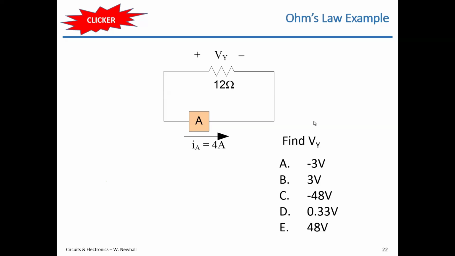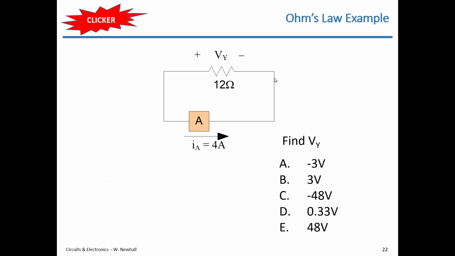All right, so we have current IA defined. 4 amps left to right through circuit element A. So 4 amps comes up and into the left side, or from right to left through the 12 ohm resistor, as defined by this reference direction at the bottom.